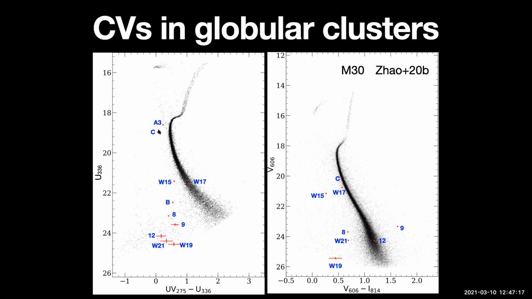So you see a typical CV-like source, C here, is consistent with the main sequence because you are seeing mostly emission from the companion star. But CVs also have very strong variability in the optical and the UV. So sometimes you have a weird combination like source 9, which has a blue excess on the UV CMD but a red excess on the V minus I CMD.